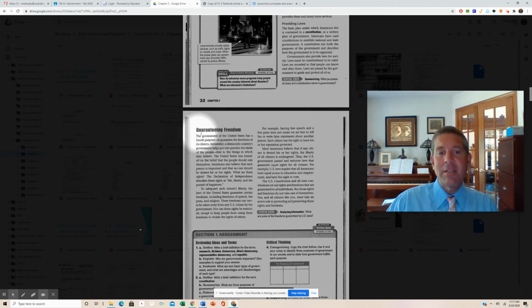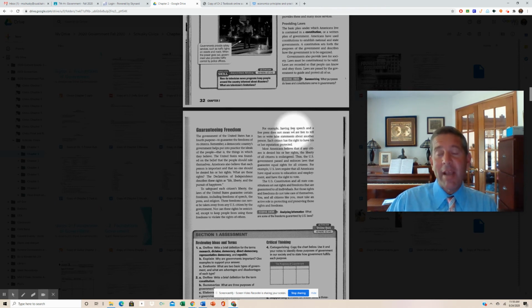Lastly, the Constitution and our government guarantees freedom in the United States. So, our government is designed to safeguard each citizen's liberty, or at least many people would argue it is supposed to.